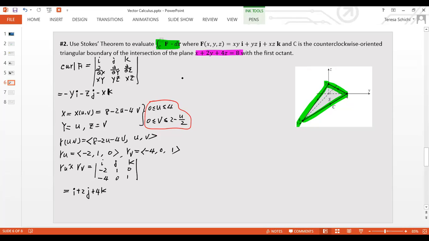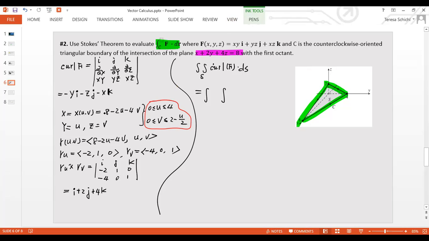Now finally, the surface integral of curl F dot dS becomes an integral over the uv region.